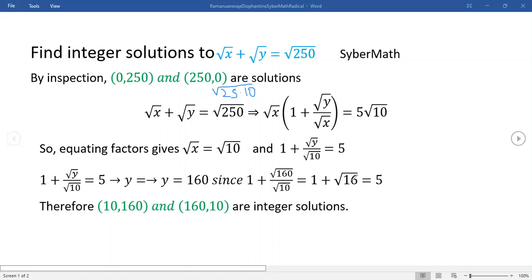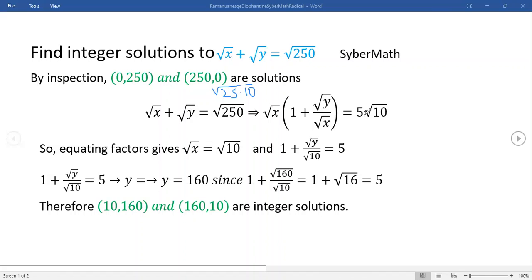And so that means that 10, 160 and 160, 10 are integer solutions. Because we could have just as easily factored root y out of this and gotten a similar expression, right? So by symmetry, or just by what I said, we have another pair of solutions, namely 10, 160, and 160, 10. All right, now are there others?